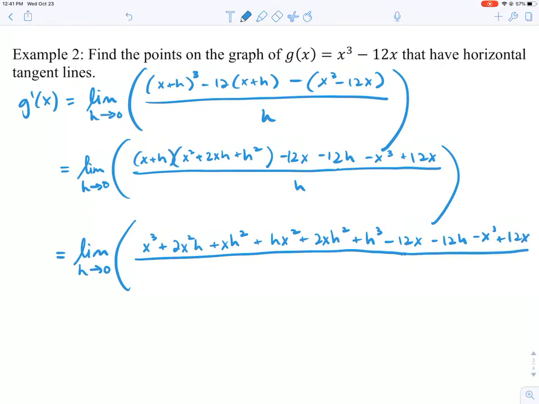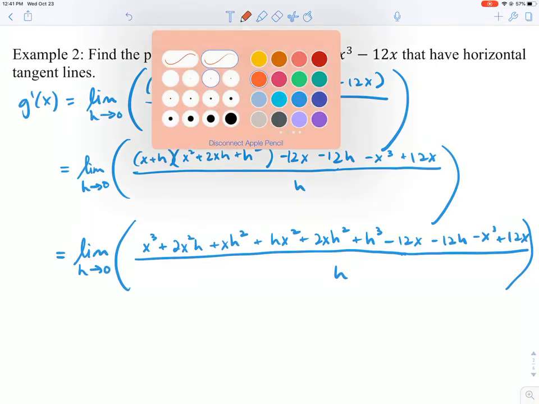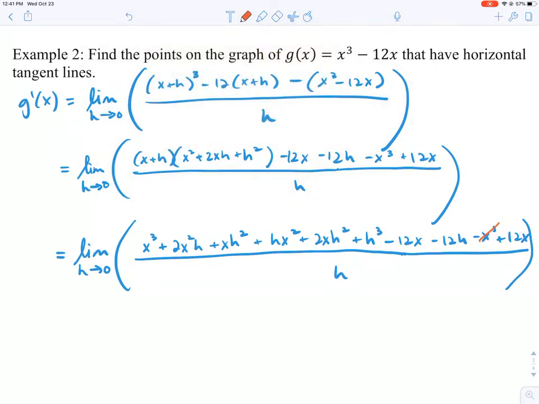That was a lot. All over h. So here's the fun part. Let's look at what cancels. X cubes cancel. 12x and 12x cancel. I believe that is all that cancels.